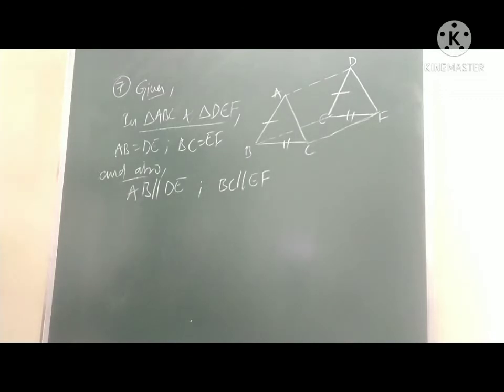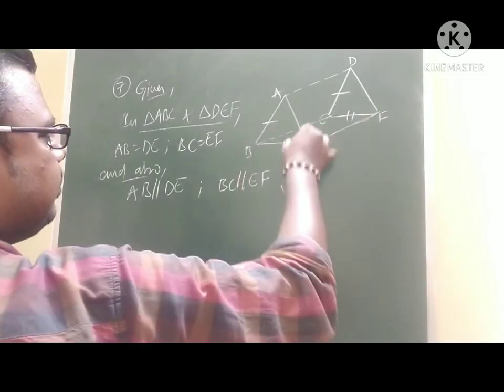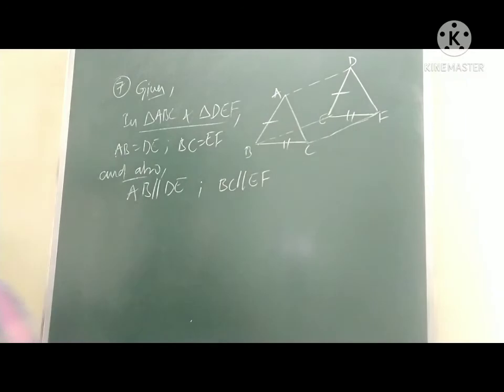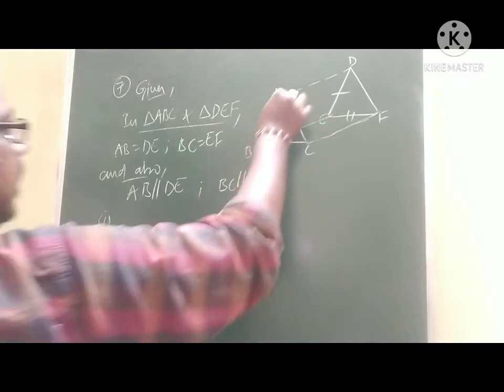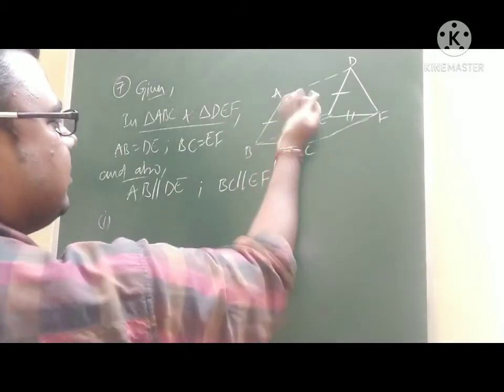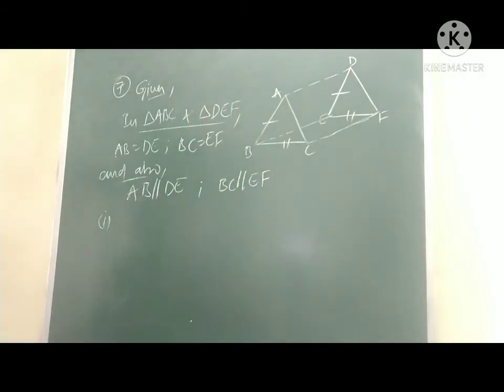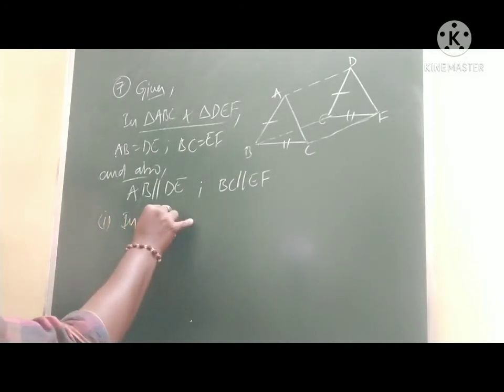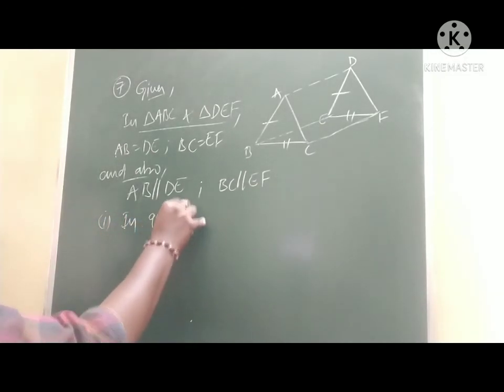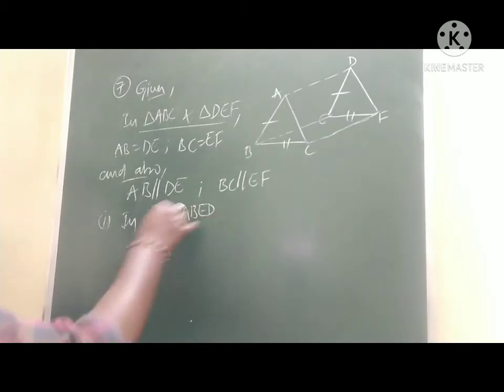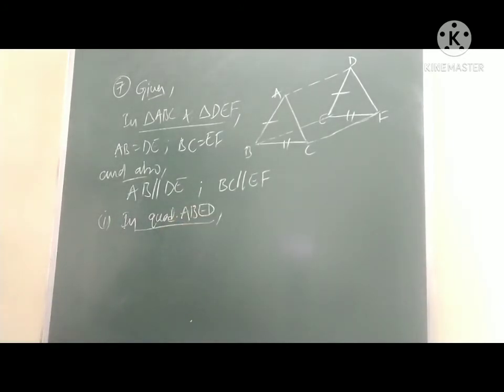So obviously they have given this, we have joined B to E, C to F, and A to D. As per the first bit we are required to prove that ABED is a parallelogram. So here, in quadrilateral ABED, clearly we have been given one statement.